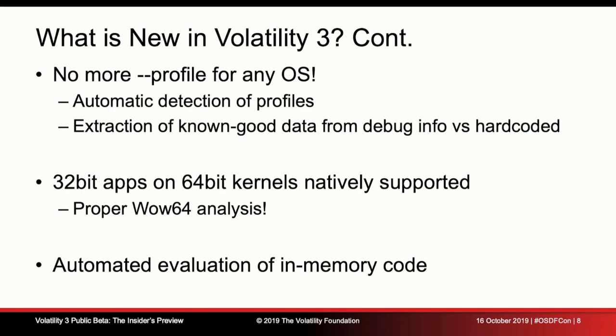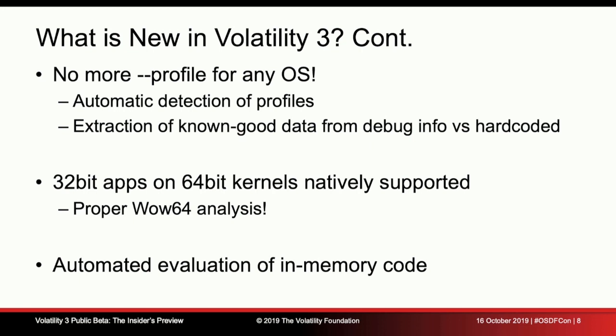And it will now scan through and try and figure out whether it's a Windows system or a Linux system or a Mac system. And we have algorithms for identifying the kernel PDB and PDB GUID and age for Windows systems and the kernel banners for Mac and Linux systems. And we use those to key off which symbol tables we should be using.